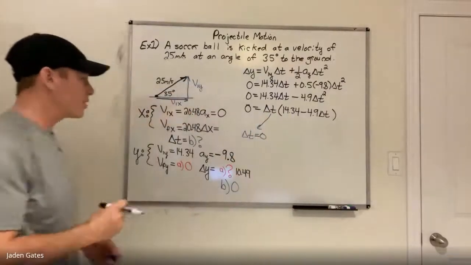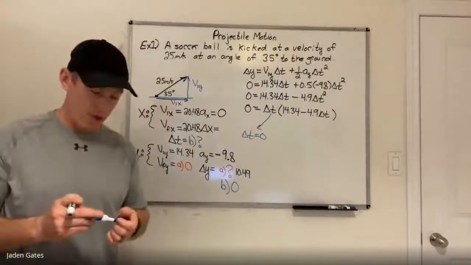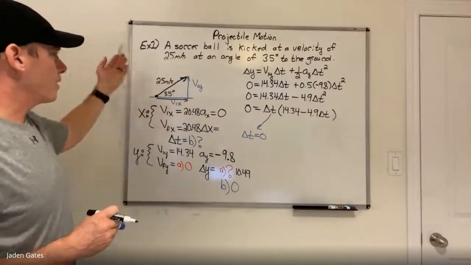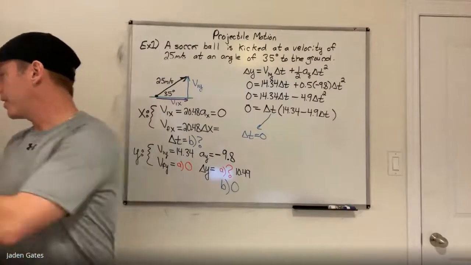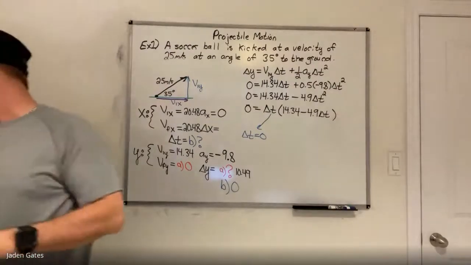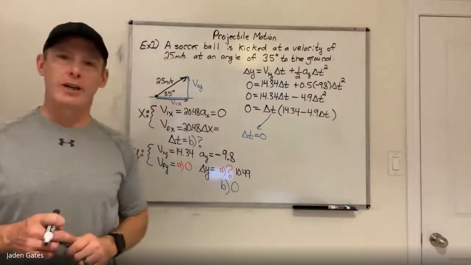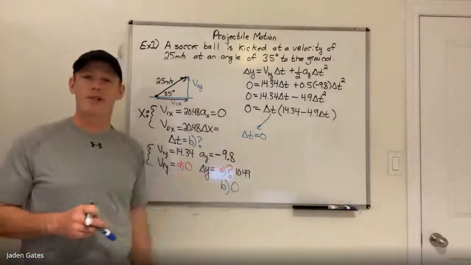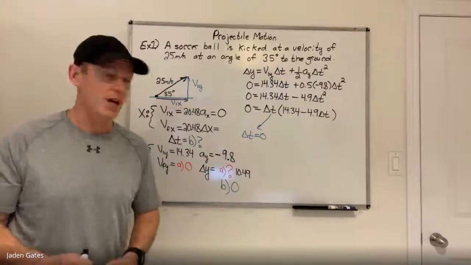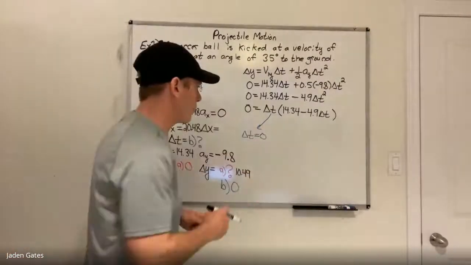So the first one's pretty simple. Delta T equals 0. Look what the question's asking. Well, I guess I didn't write it down, but the question's asking, find the time it takes the ball to land on the ground. Well, delta T equals 0. That's the starting time. Here's the time we're going to be looking for.